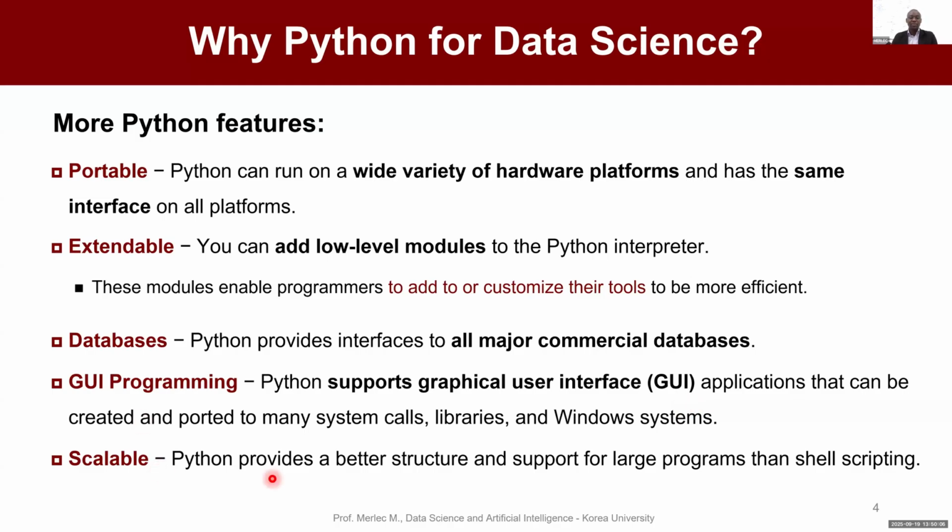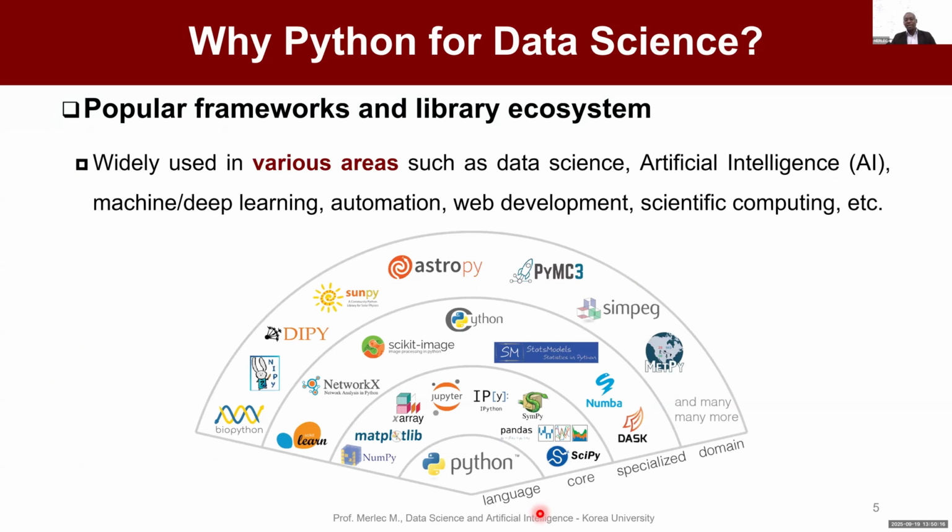It's also scalable, which means it provides better structures and a large set of shell scripts that can be used for programming. One more thing is the wide support of a variety of frameworks and library ecosystems, which I use for data science, artificial intelligence, web development, and even scientific computing.